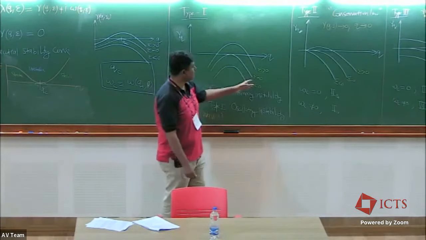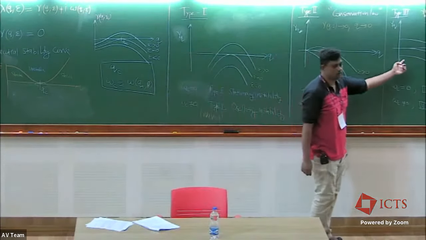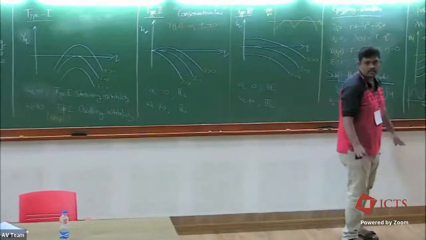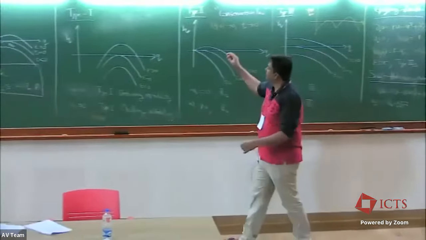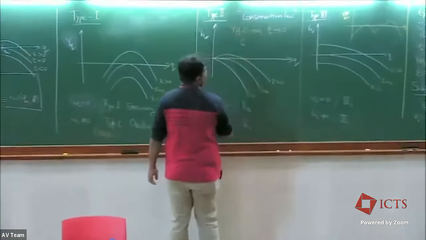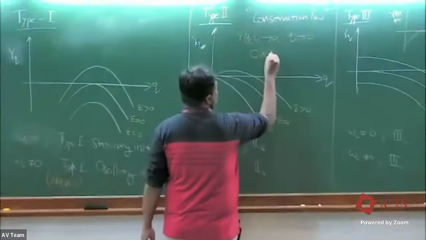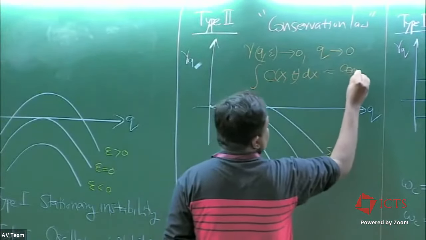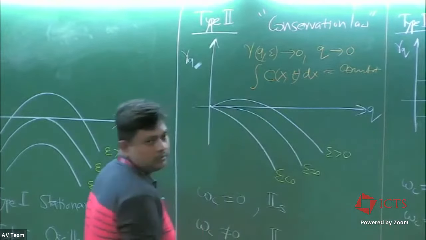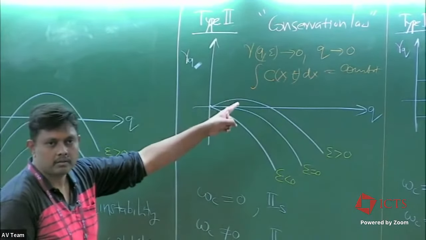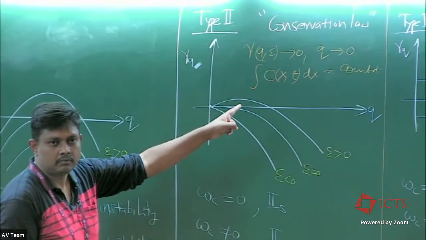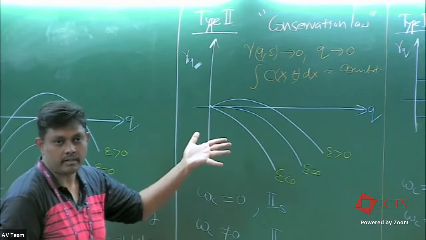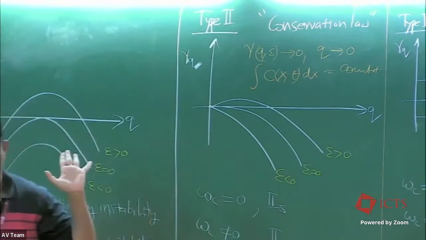Think about a conservation law. I have some concentration field C, and I want the integral of C of x, t dx over the whole system to be a constant. This is basically the zero wave number Fourier transform. That cannot change, which means the growth rate must be 0, strictly 0.